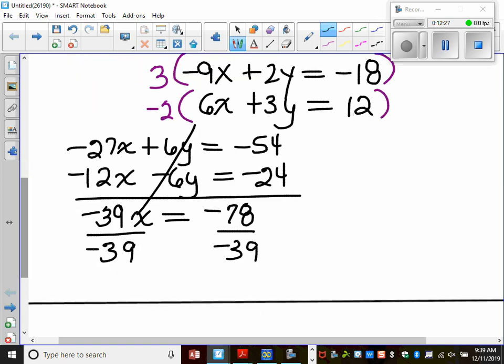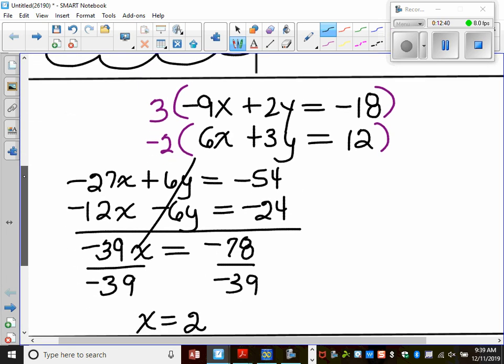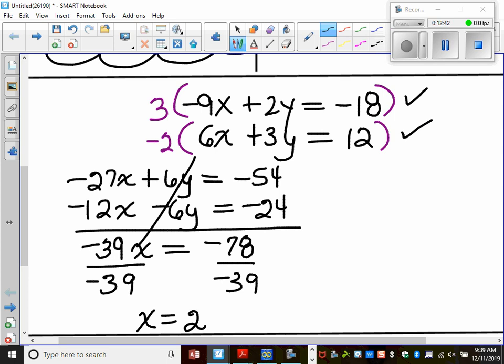And so what is the value of x? X equals 2. So just like we did before, we can replace 2, going back to my two original ones, not where I made them bigger, into either one of these to get y. So I'm just going to replace it in the second one. Okay, this one here. So I'm going to replace x with 2.